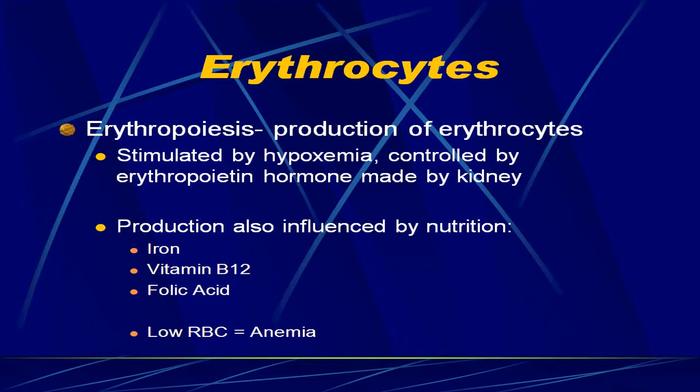Also, vitamin B12 is needed, as well as folic acid. Folic acid is needed for red blood cell maturation. So we know when we mature, then we're getting bigger. I made a mistake with vitamin B12: vitamin B12 and folic acid are both needed for red blood cell maturation, or the growth, the full maturity of a red blood cell.